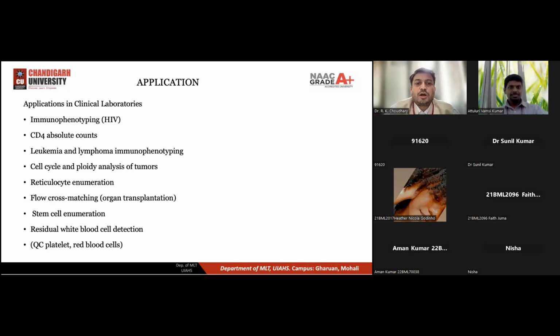Leukemia and lymphoma immunophenotyping, based on what type is present. Cell cycle and ploidy analysis of tumors, we identify based on the markers present on the surface. Reticulocyte enumeration, because sometimes if you want to know the details of reticulocytes, what type of reticulocytes, then you can enumerate.